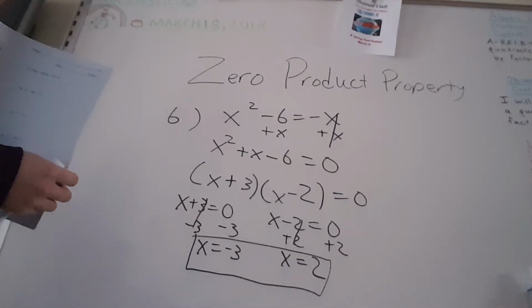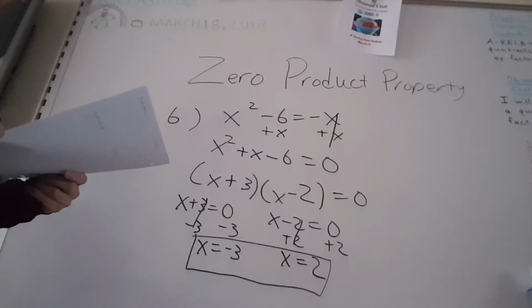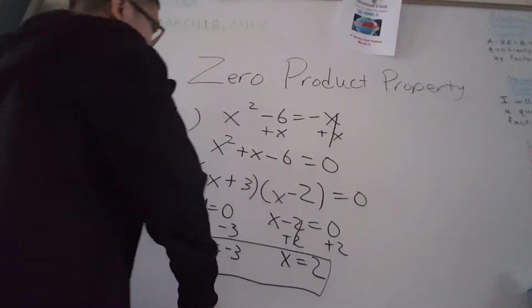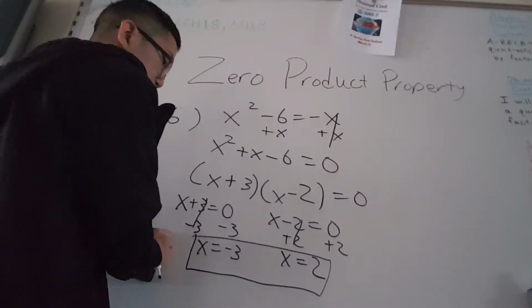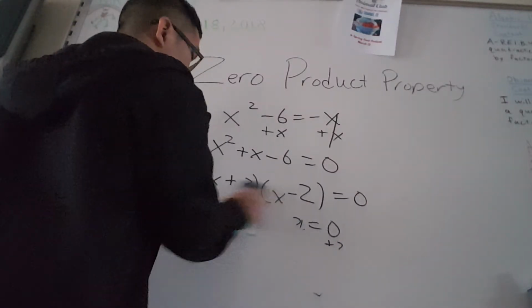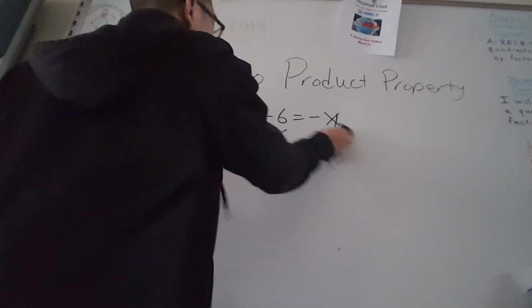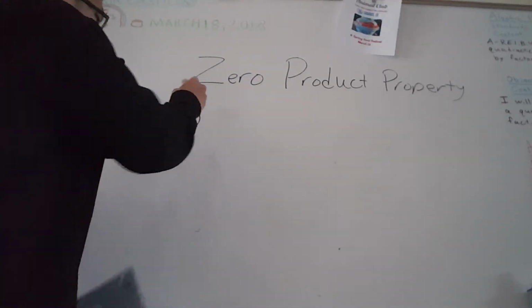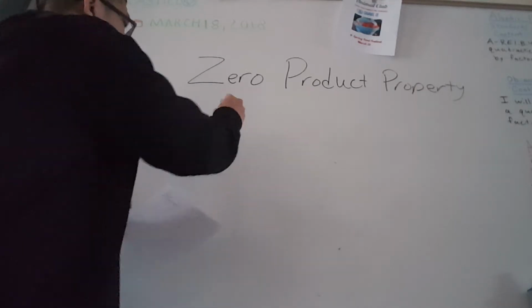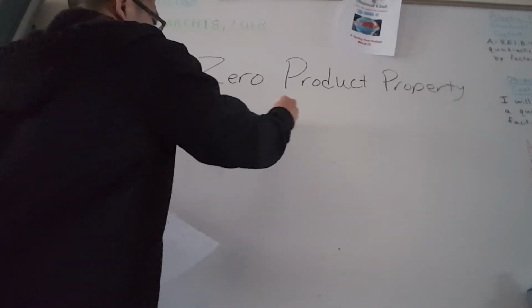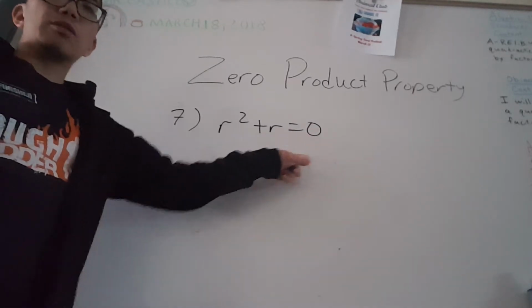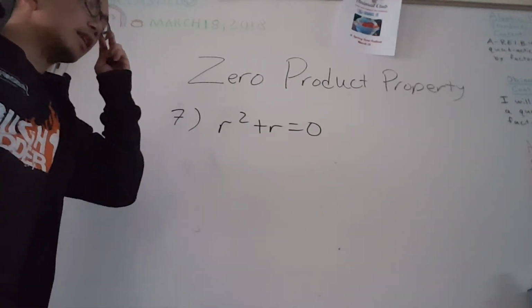Okay. Now let's go ahead and do 2 more together. Number 7 is the first one I want to do together. Number 7 is r squared plus r is equal to 0. Now it's already equal to 0, so we don't need to move anything to any of the other sides.